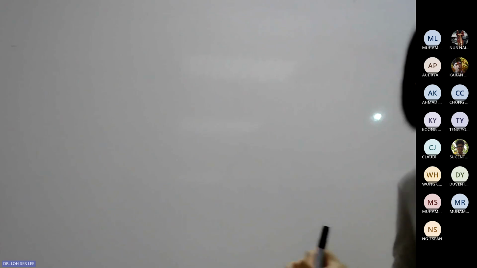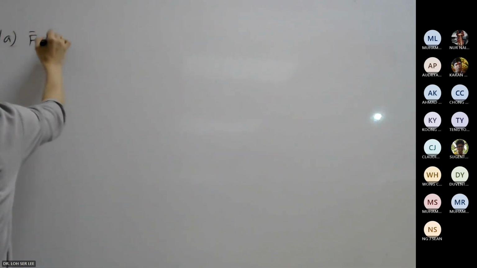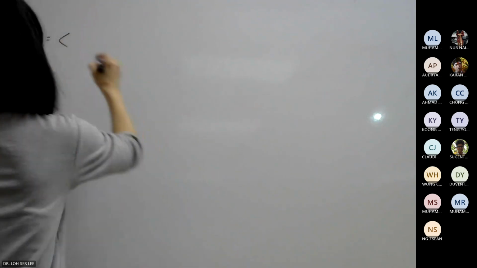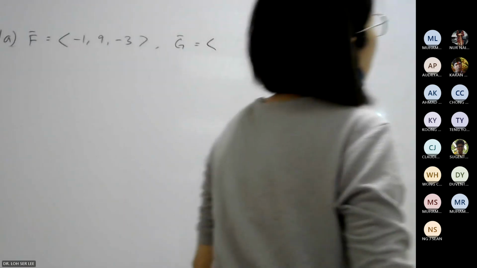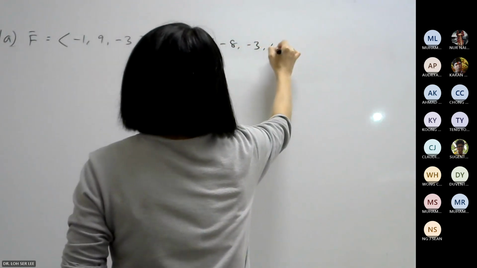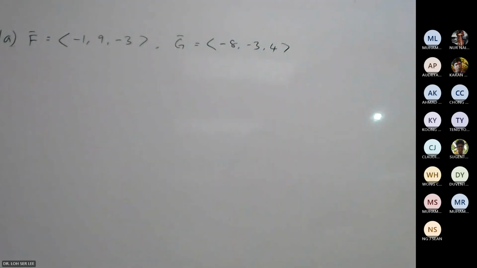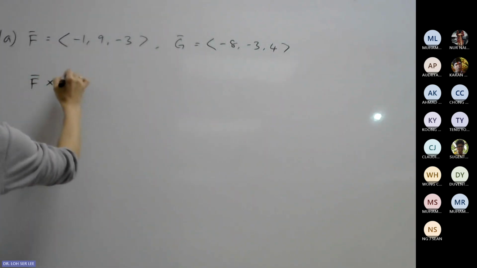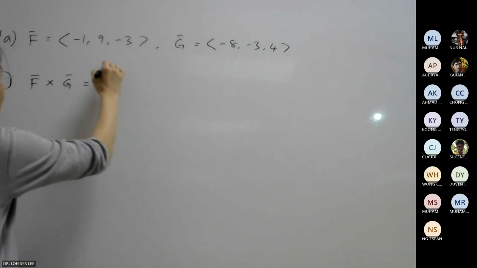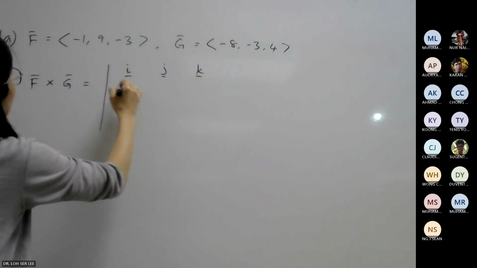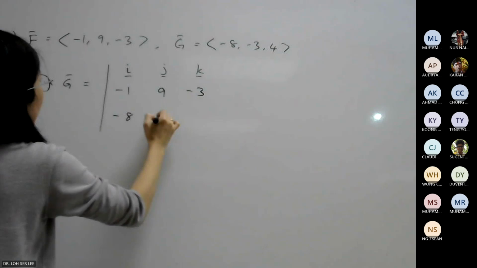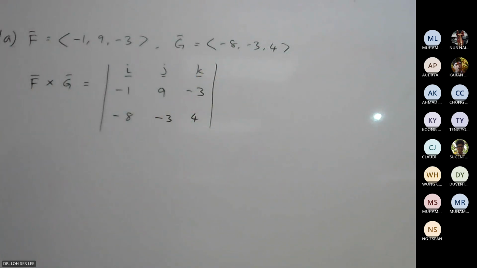You can try this exercise for the cross product. Find the cross product of F and G, F cross G. If you want to use the 3 by 3, you want to use this one, right?